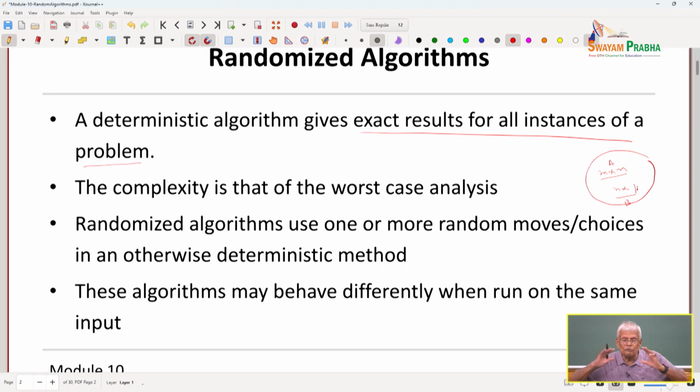So there are infinitely many instances of the matrix multiplication problem. The matrix multiplication algorithm helps us solve the problem of multiplying any two matrices of size m by n and n by p. So that's all instances. It gives exact result. It's a deterministic algorithm. There's nothing random.